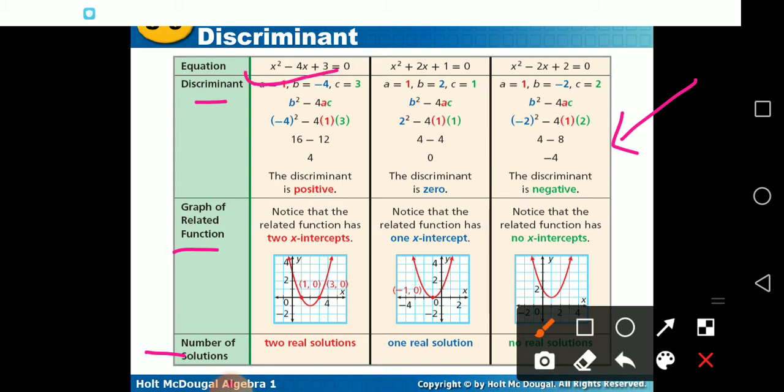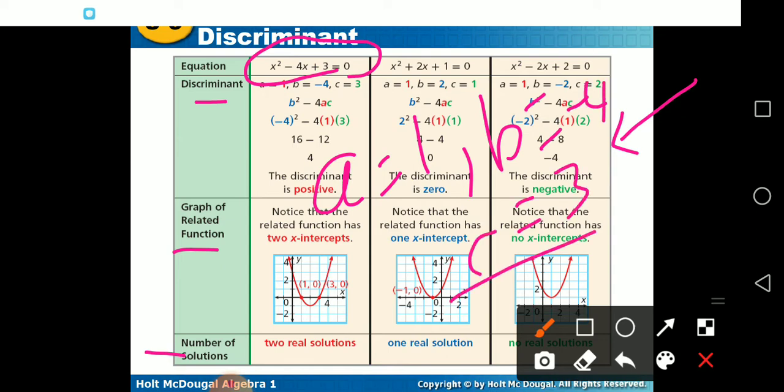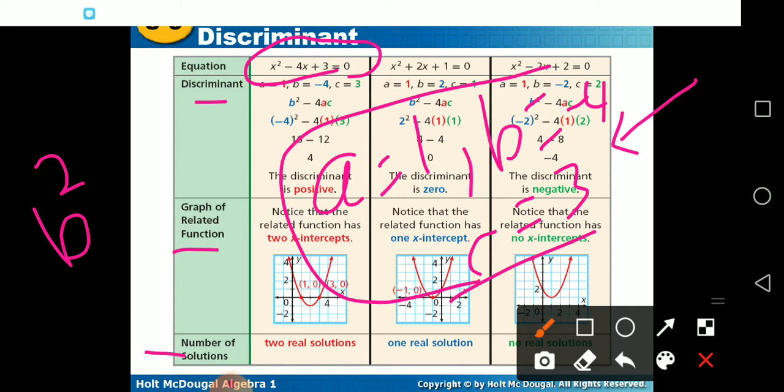If it's given an equation like x squared minus 4x plus 3 equals 0, what's a? A equals 1, b equals negative 4, c equals 3. I will use the discriminant, b squared minus 4ac.